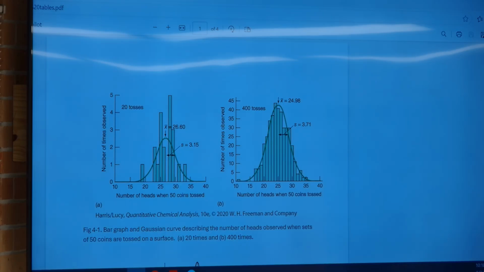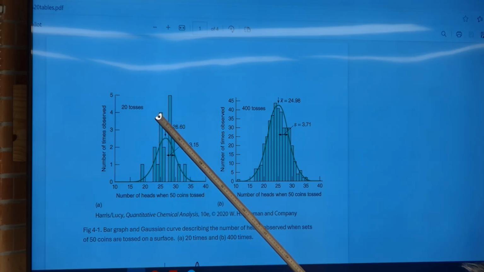And if we toss 20 times, here is the result. Toss 20 times. This is 5, right? This means there are 5 times about 28 landed front up. Right, this is 30, 29, 28.